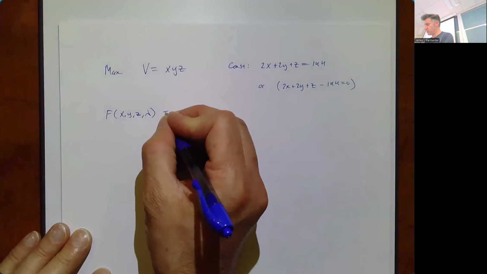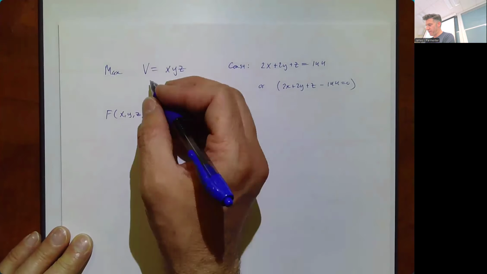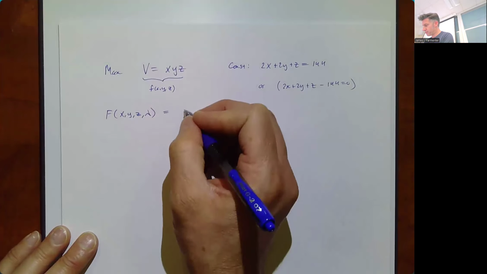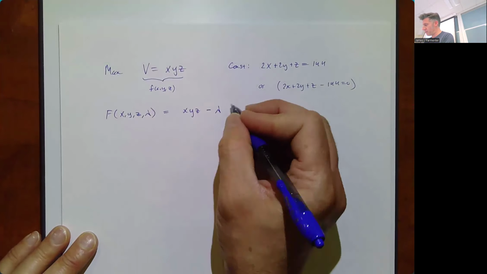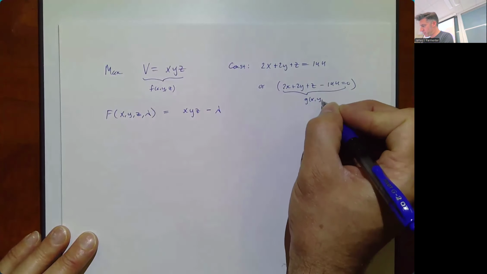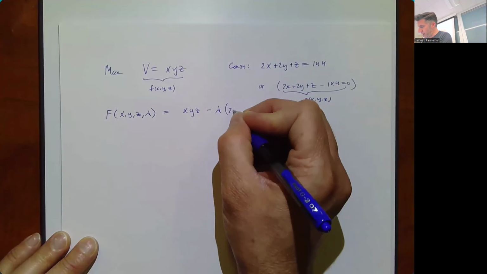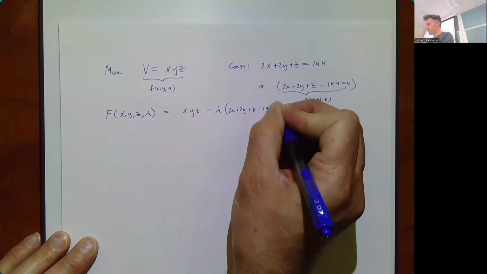And that function is equal to the thing you want to maximize, which you usually call little f, minus lambda times our constraint, which we usually call little g, without the 0 part. So it's going to be lambda times 2x plus 2y plus z minus 144.